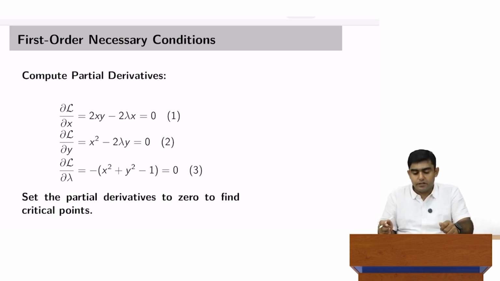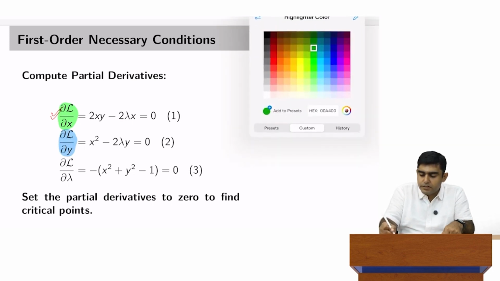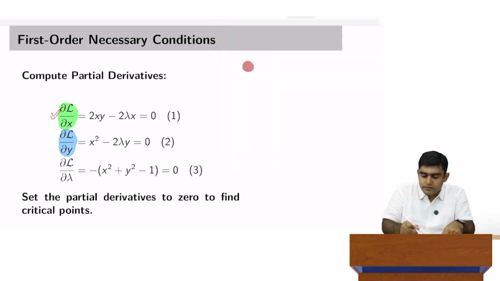But only for an equality constraint. So, the first step is that we compute the partial derivative with respect to x, the partial derivative with respect to y, and the partial derivative with respect to lambda, and equate them to 0. As you see, in case number 3 we get our original constraint back.